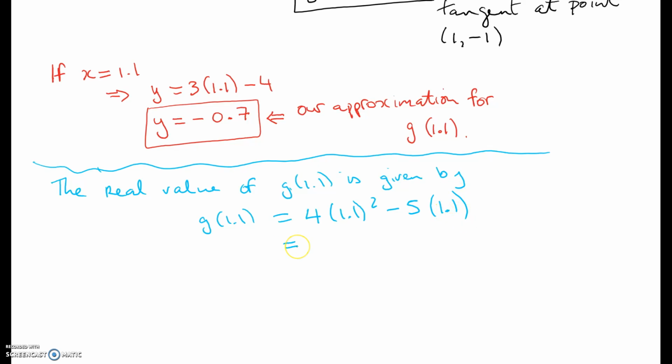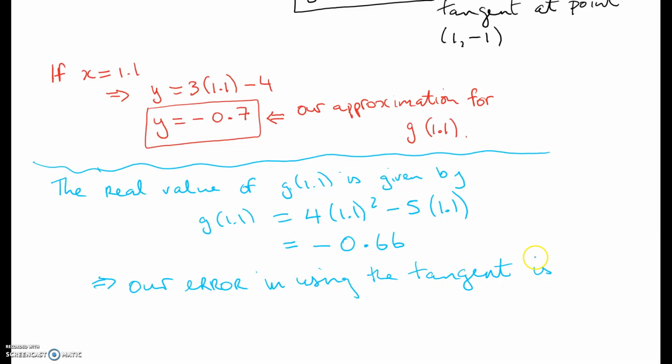If you work that out in your calculator, you'll find that the actual value is negative 0.66. So our error in using the tangent is the absolute value of negative 0.7 minus negative 0.66, which is 0.04, a very, very small error.